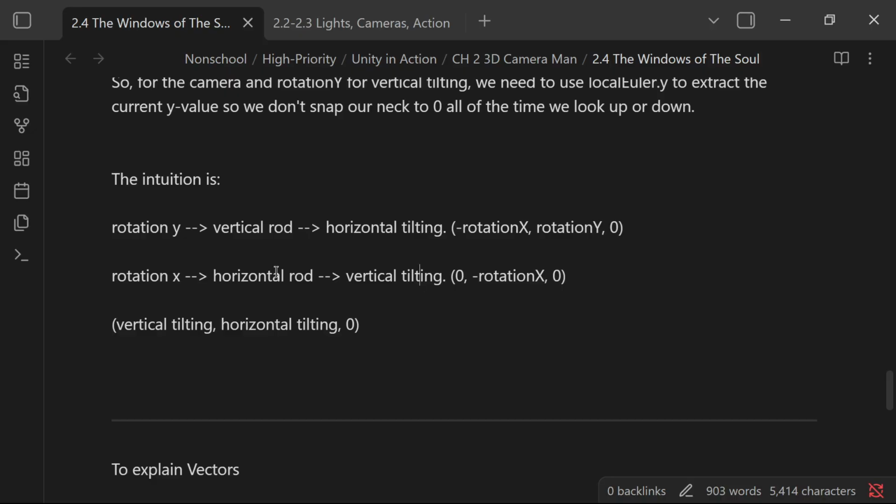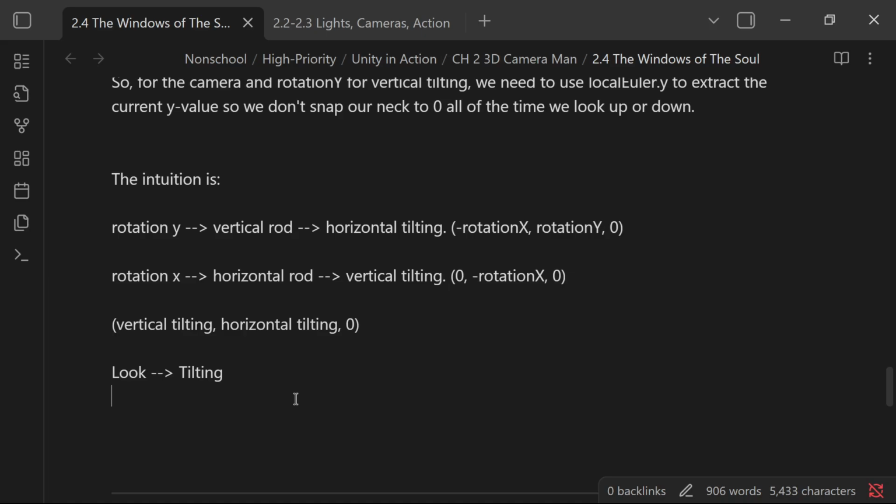And when you place the pencil horizontally, and you rub your hands together, what you get is a vertical tilting. To define some terms here, when I say look, I just mean tilting. If we're looking up, we're tilting up. If we're looking down, we're tilting down.